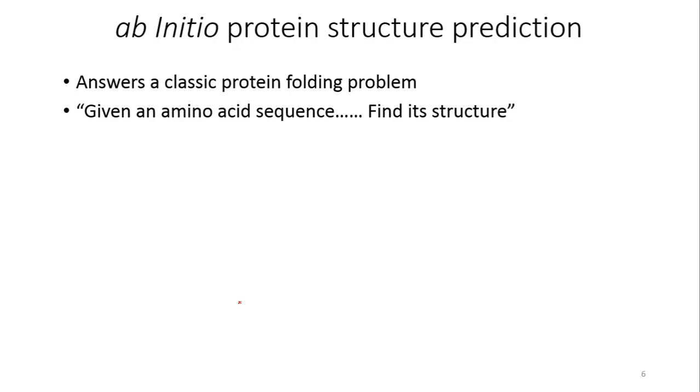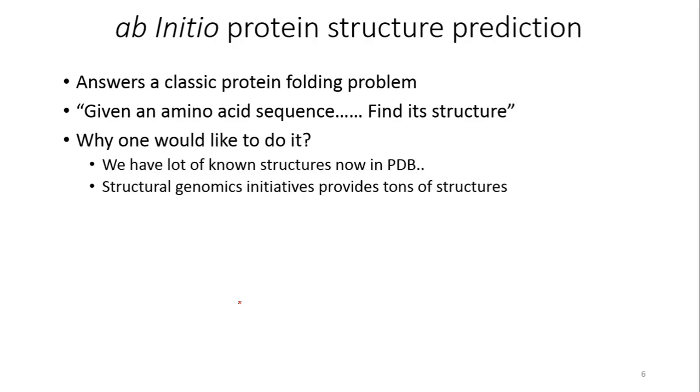Given the amino acid sequence of a protein, try to figure out how the structure of that protein might look like. Now why would one like to do such a thing? Why would one like to predict the structure of any given protein if provided with the sequence alone? For example, we have a lot of known structures now in PDB.